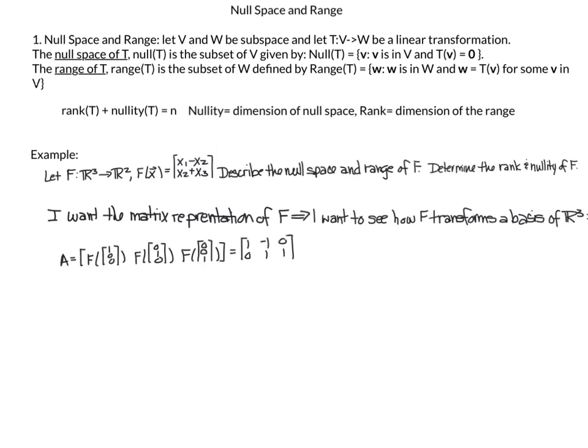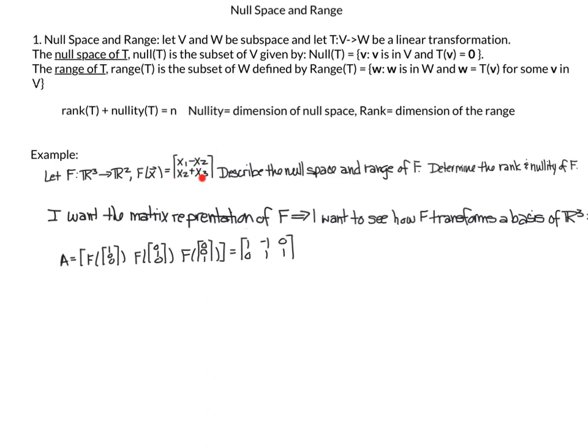So in particular, my matrix A is going to be f on my first basis vector for R3, (1, 0, 0). My second column will be f on my second basis vector, (0, 1, 0). And my last column will be f on my last basis vector for R3, (0, 0, 1). So I can plug in (1, 0, 0) into my transformation. So x1 minus x2, that's 1 minus 0, gives me 1.